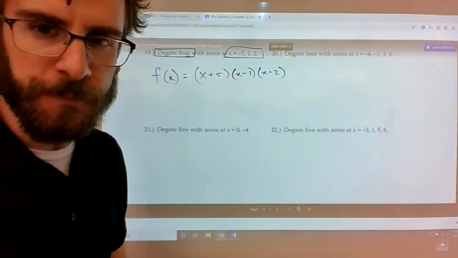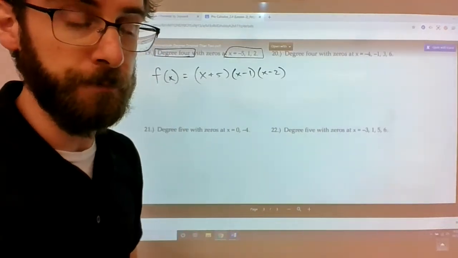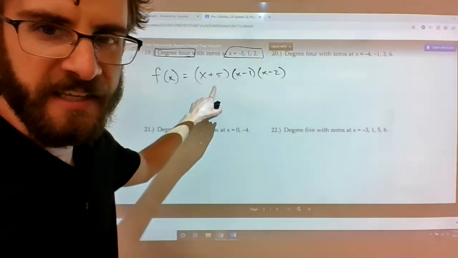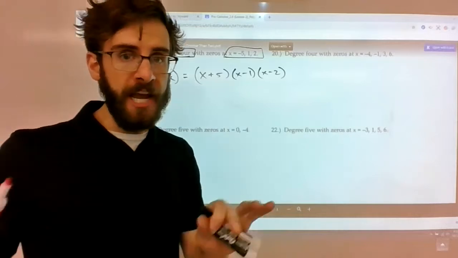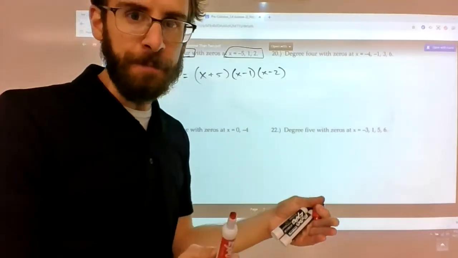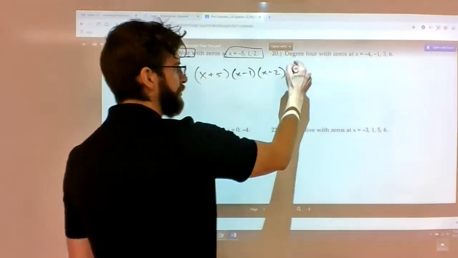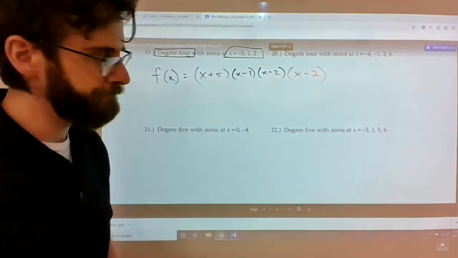So what am I supposed to do? Well, I could create a double root, which basically just means, what if I were to repeat one of these factors? I wouldn't be creating a new zero. I would just be creating a more inflated polynomial with a bigger degree. So let's say we multiply this whole thing times x minus 2. Okay?